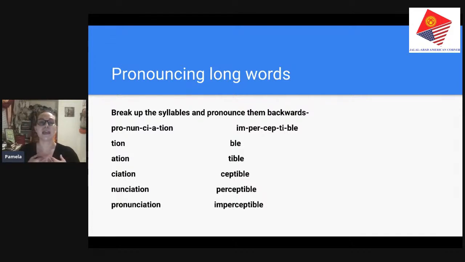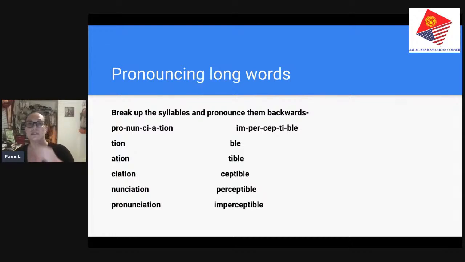Then the teacher says Asian. Everybody says Asian. Nunciation. Everybody, nunciation. Pronunciation. Everybody, pronunciation.